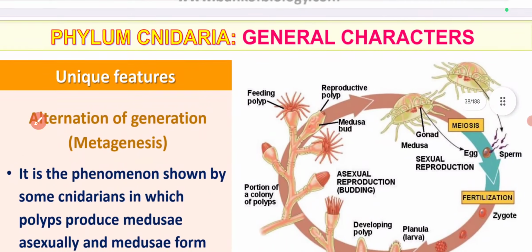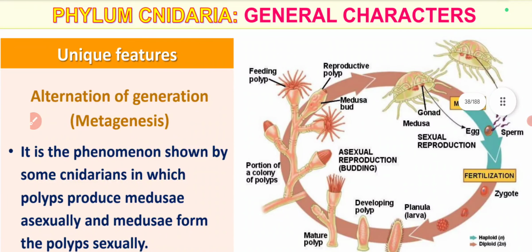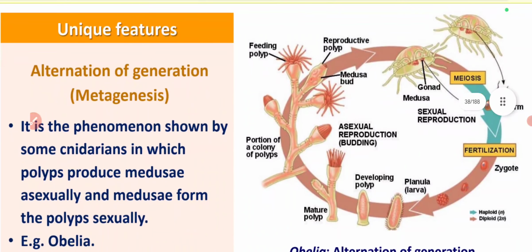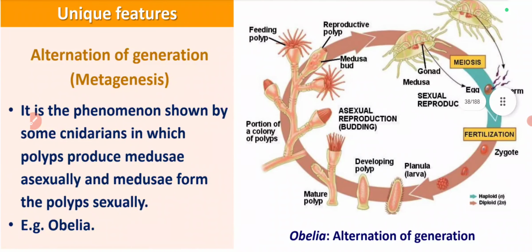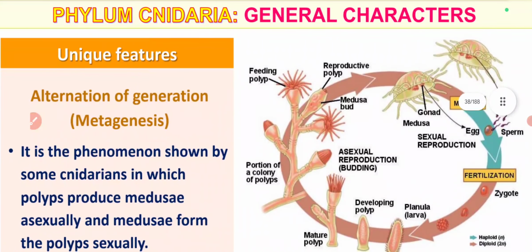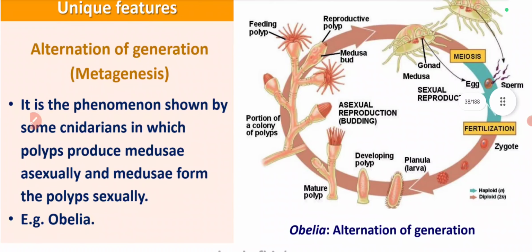Next, unique features: alternation of generation, metagenesis. Alternation of generation is a phenomenon shown by some cnidarians in which the polyp produces medusae asexually and the medusae form the polyp sexually. Example: Obelia. So Obelia is a particular cnidarian that shows alternation of generation.